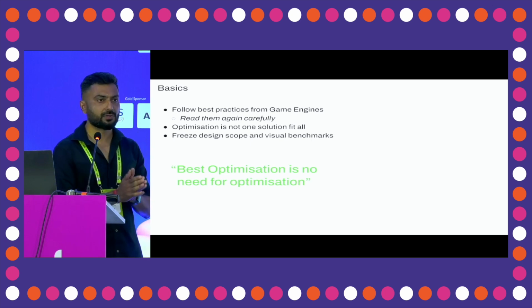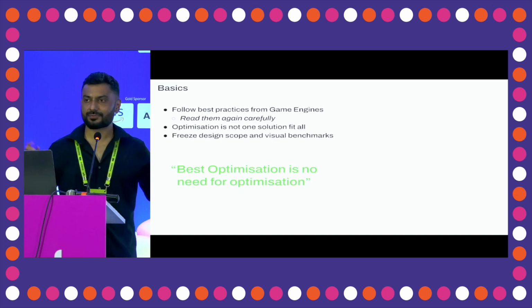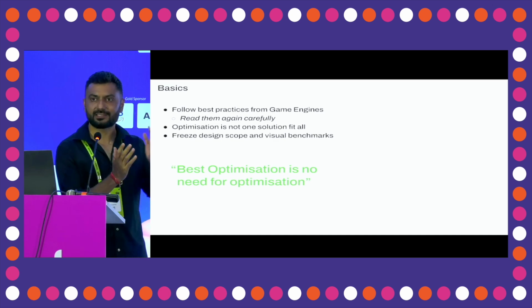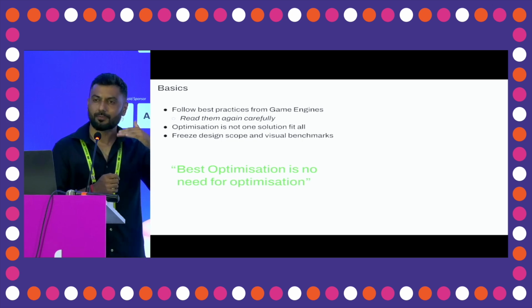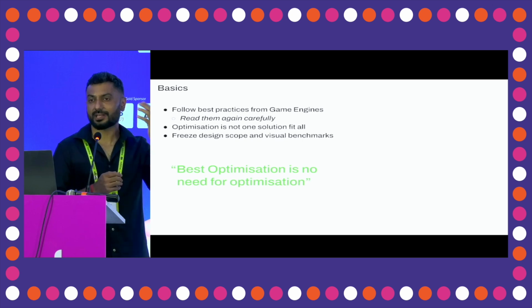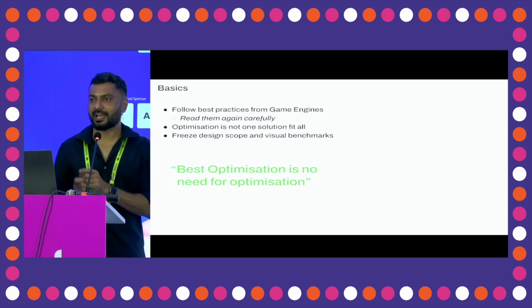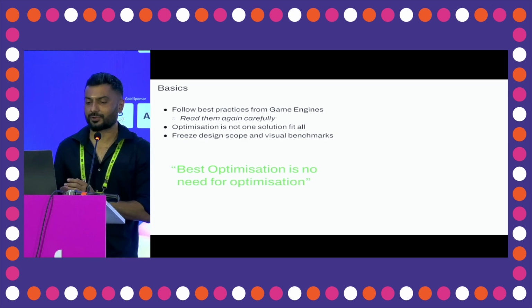Optimization is not one solution fits all. There might be a lot of checkboxes you can check which individually do well. You might see a sample where someone says, I did this and my FPS improved by 10. But if you are already optimized, the bottleneck for your game might be very different. So you will have to do things which are very specific to your game.